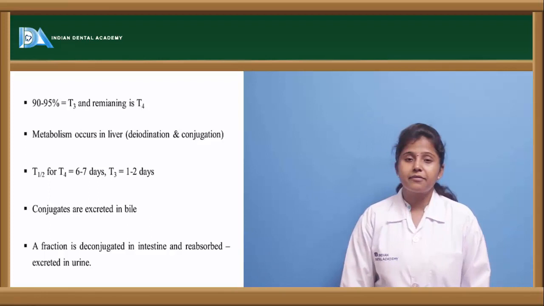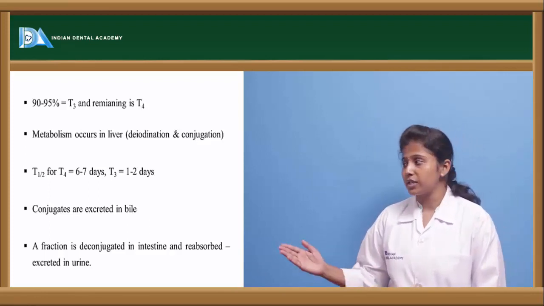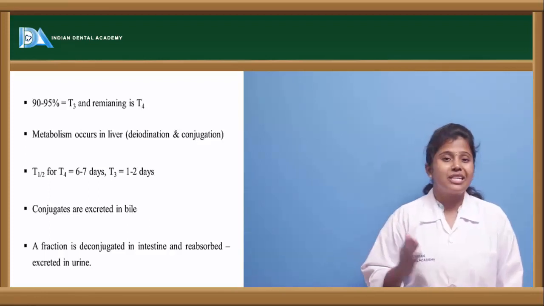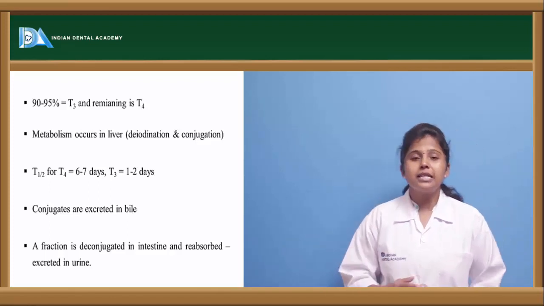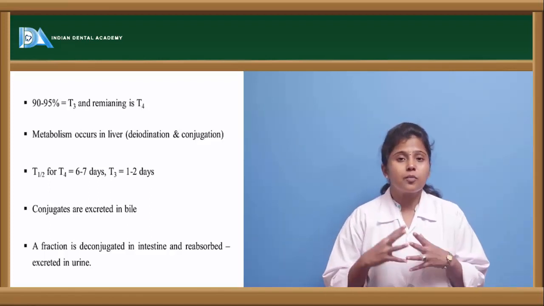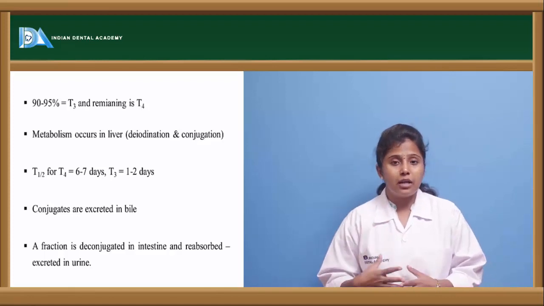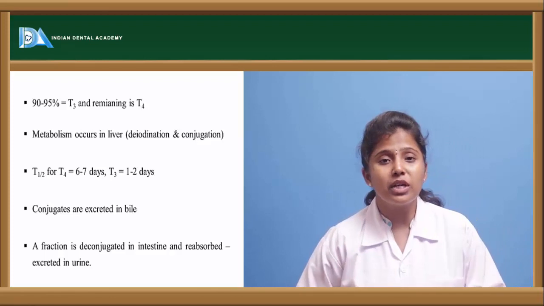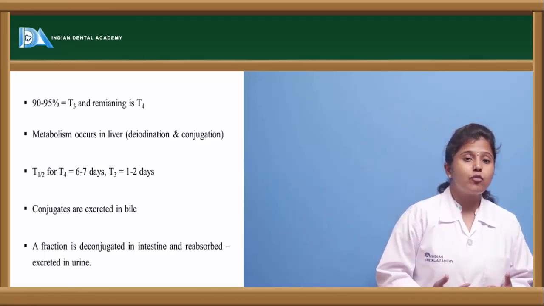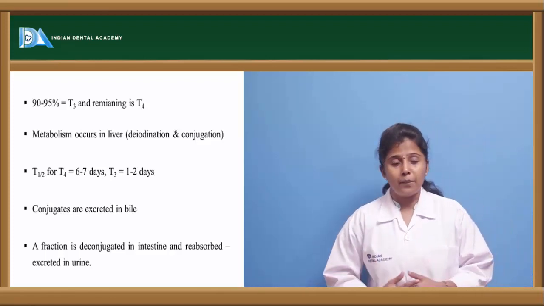The half life for T4 hormone is about 6 to 7 days, and for T3 is about 1 to 2 days. As I told you, it undergoes conjugation in the liver, and once the conjugation reaction takes place, it forms metabolites, or we can say it forms the conjugates of the metabolic reaction.